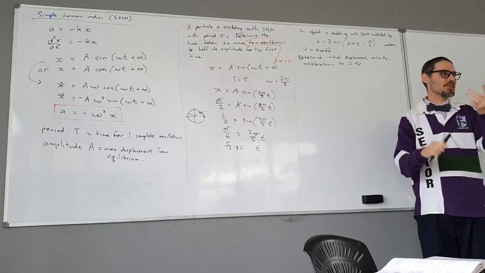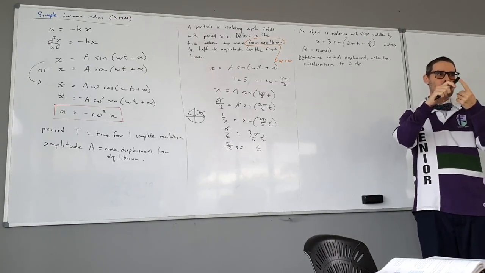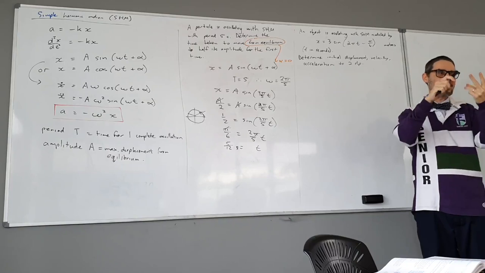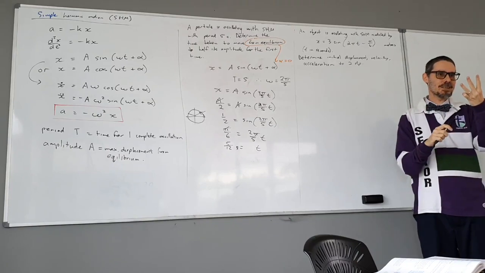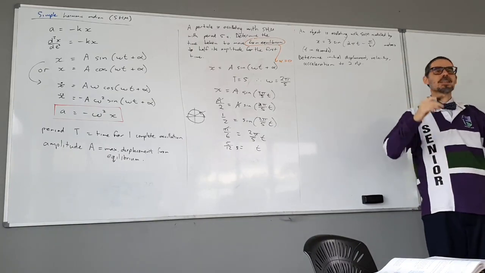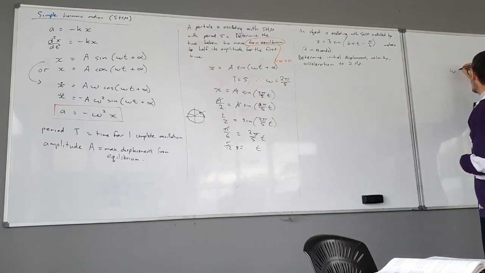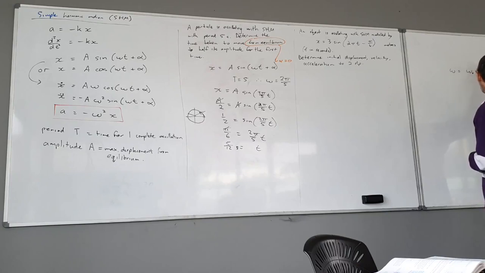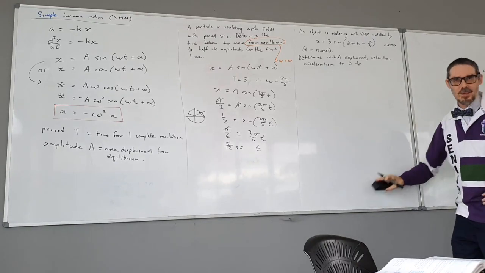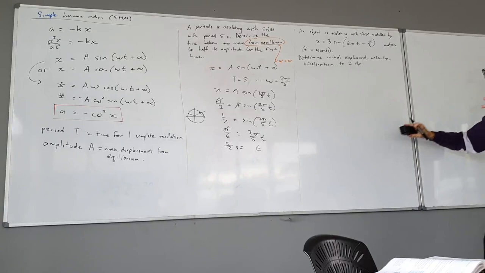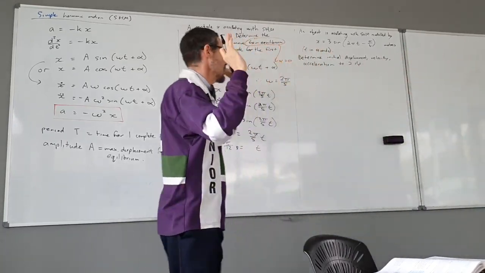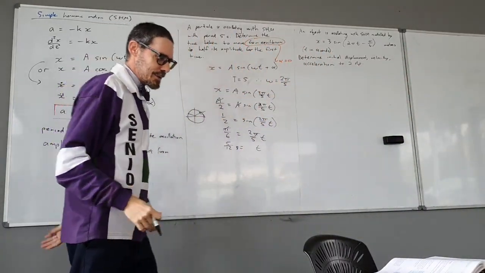You can do exactly the same things with angle, angular velocity, angular acceleration. There's a whole separate physics, and as long as the angular acceleration is constant, you can apply exactly the same formulas. Omega equals omega naught plus alpha t, etc. You can do it with angular momentum and stuff like that, but it's no longer in the syllabus.